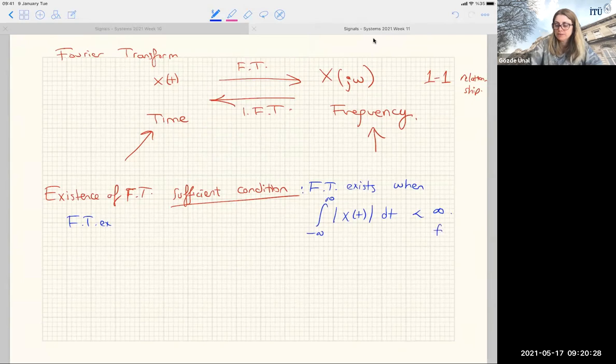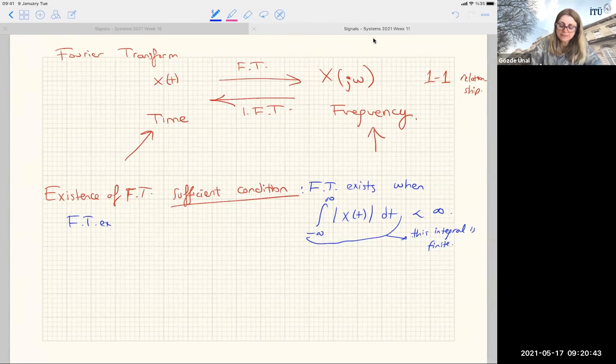When this integral is finite, we know its Fourier transform exists, but this is a sufficient condition.